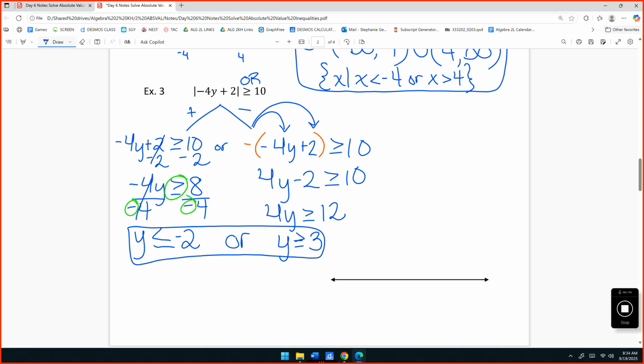Now, I can either go right to the solution number line and just think, all right, it's or, so it's less than or equal to -2 or greater than or equal to 3. So closed circle, less than or equal to -2 is this way. 3, closed circle, go in here. Don't really think I needed a practice graph for that one.